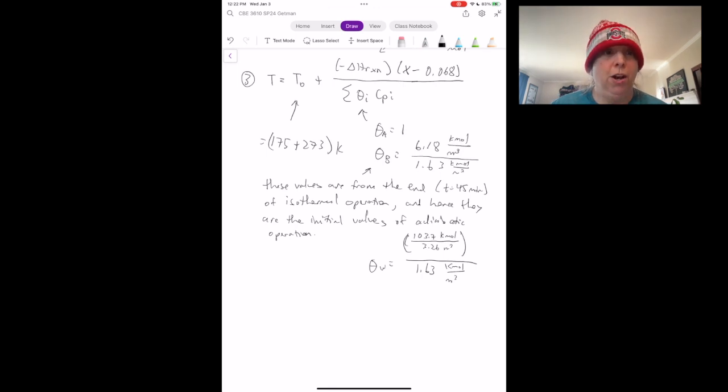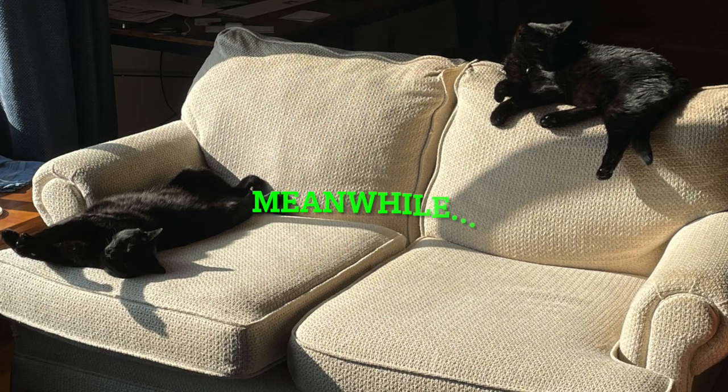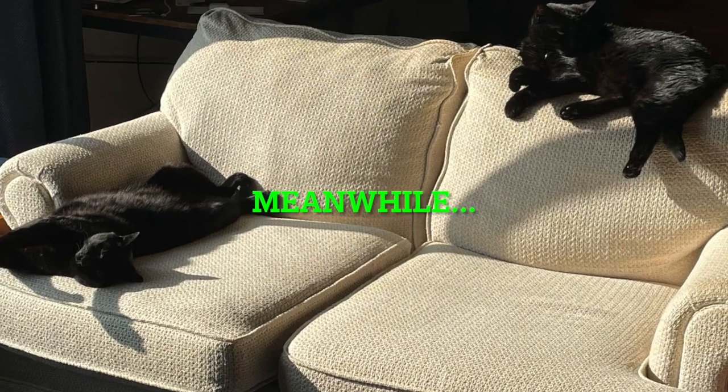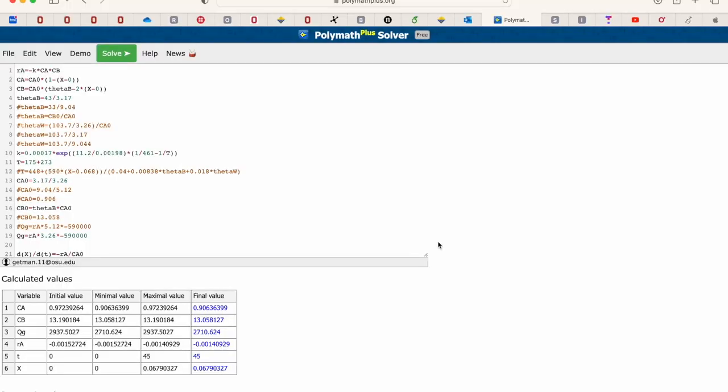Now I'm going to switch over to Polymath to show you how I do this integration. I'm going to show you how I used the free online Polymath solver to solve both the isothermal and adiabatic operation cases.